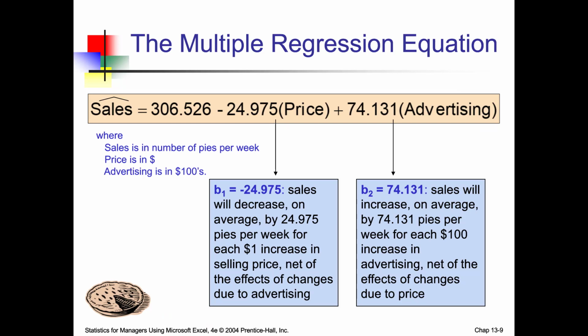So first of all, let's just quickly give an overall idea about the slope. If you look at B1 here, B1 equals negative 24.975.